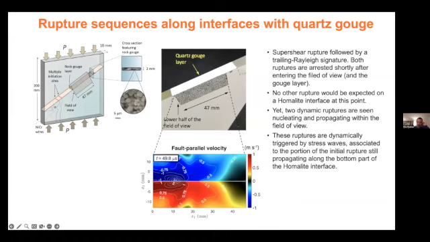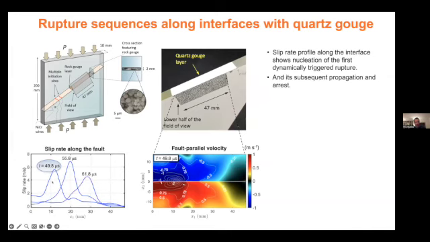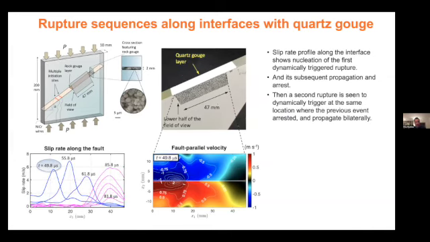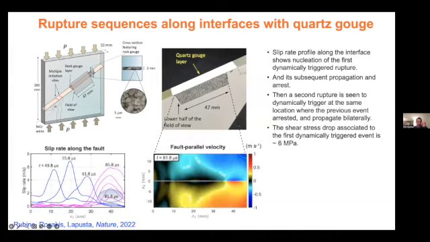So what we saw right in here is a fault parallel velocity field, with the rupture nucleating at some point along the interface. And then here we see it going rightward, and this was another event. We can map the shear stress, of course, and so we can see these big drops, and we'll relate them to friction.